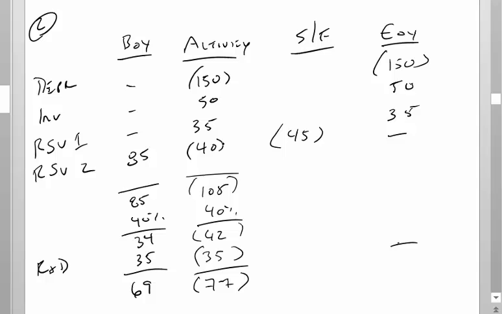My shortfall of 45 means I have to write off deferred assets of 18. Okay? We'll come back to that in a minute. So at the end of the year, I have 65 of taxable temps net.